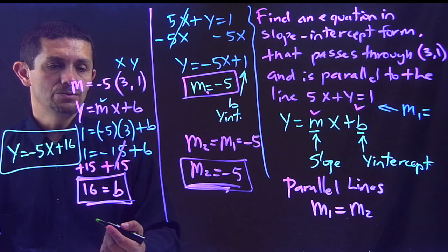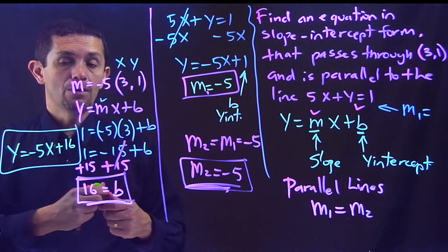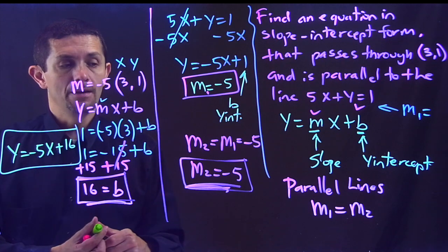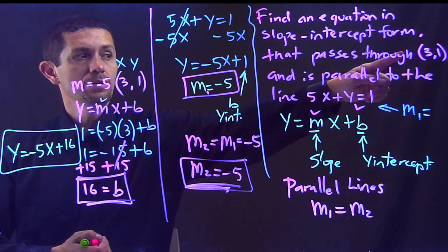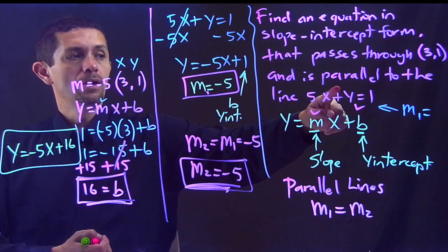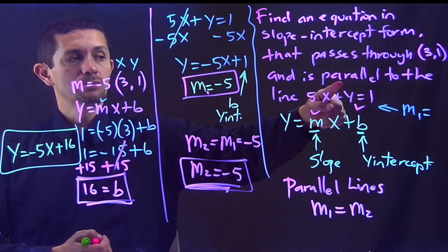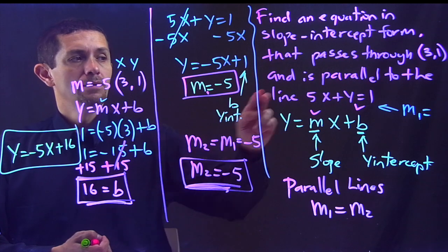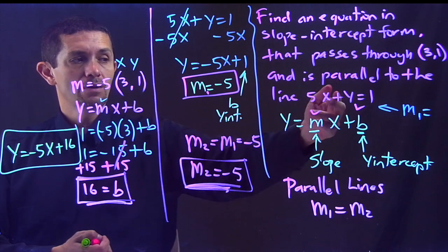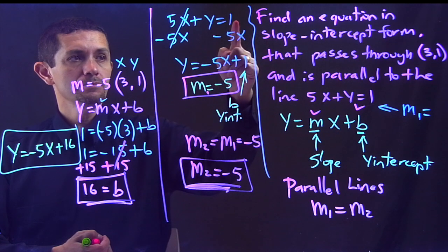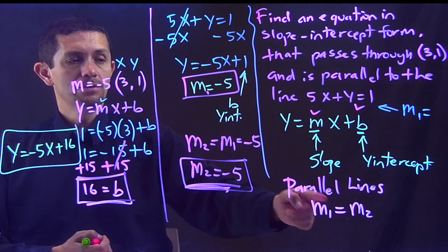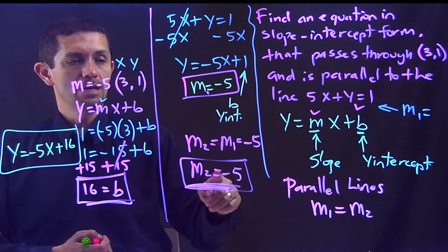So this is the process to write an equation in slope-intercept form. In our case, we started with 1 point, and when they give me the information that my line is parallel to another line, then from there I get my slope, because if two lines are parallel, the slopes are the same.